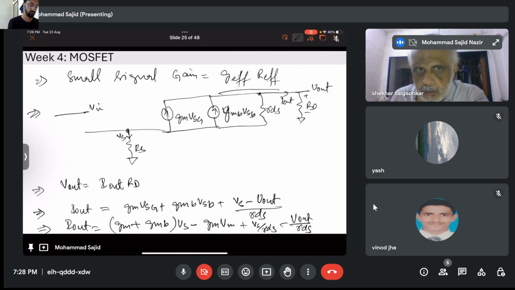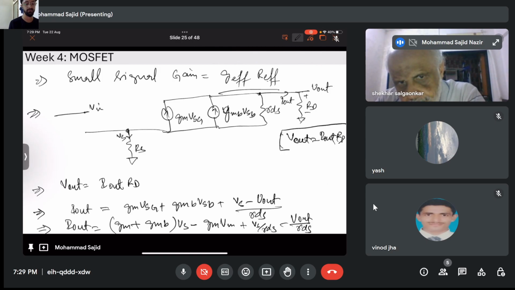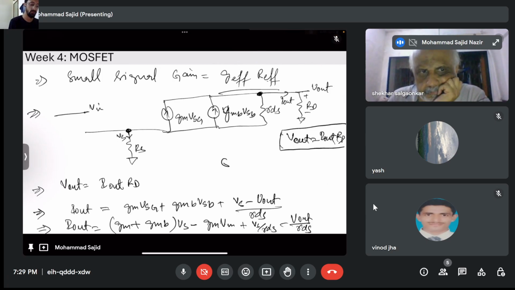Anyone? We just directly did the analysis. The output is simply I output. Here the current flowing is I output multiplied by RD. Then we follow the simple KCL at this node and at this node to calculate the dependency. And we got it because the goal was to calculate the output by V input.